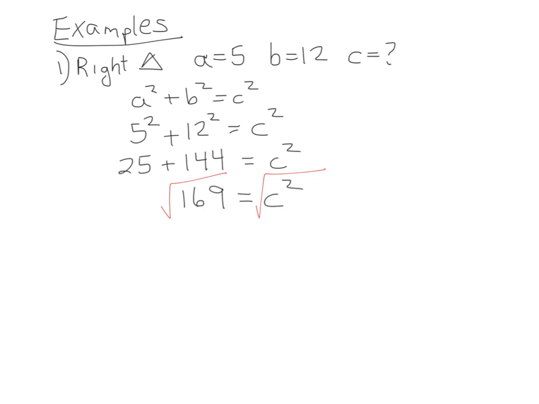And the square root of 169 would be plus or minus 13. And the square root of C squared is C. But since this is a triangle, you would not have a measurement of negative 13. So the hypotenuse, which is C, must be 13 units long.